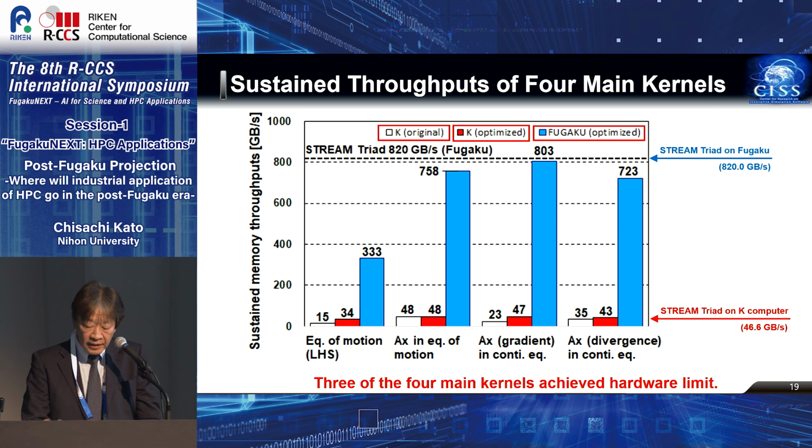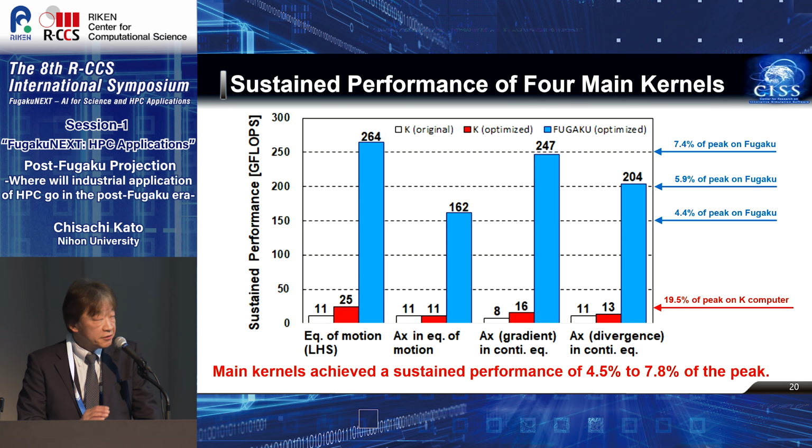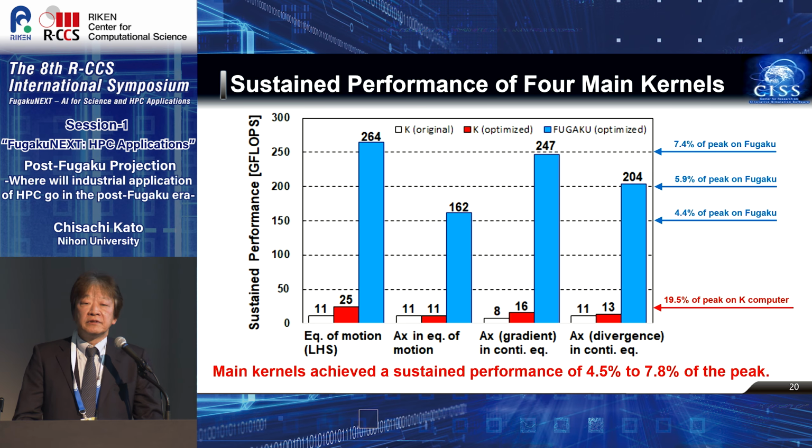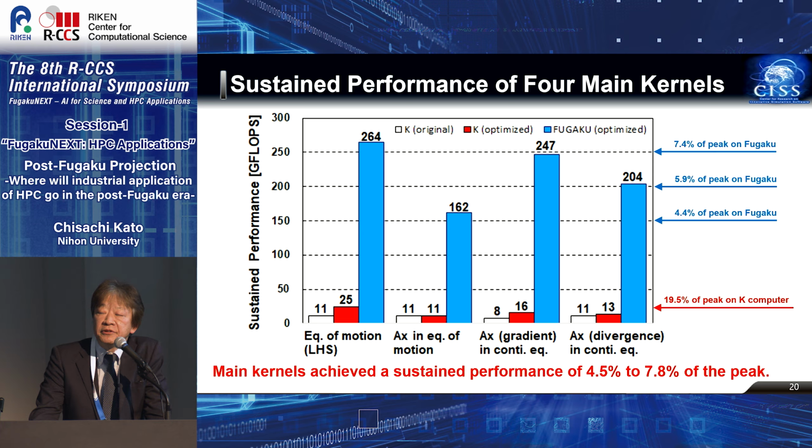The left-hand side kernel is not memory throughput bounded, but its performance is the highest, as you are seeing. This is the single node performance of each of the kernels. This, by the way, was done 5-6 years ago. I'd like to remind you of the things that we did 5 years ago, because this is very important for the things we have to do in the coming 5 years or so.